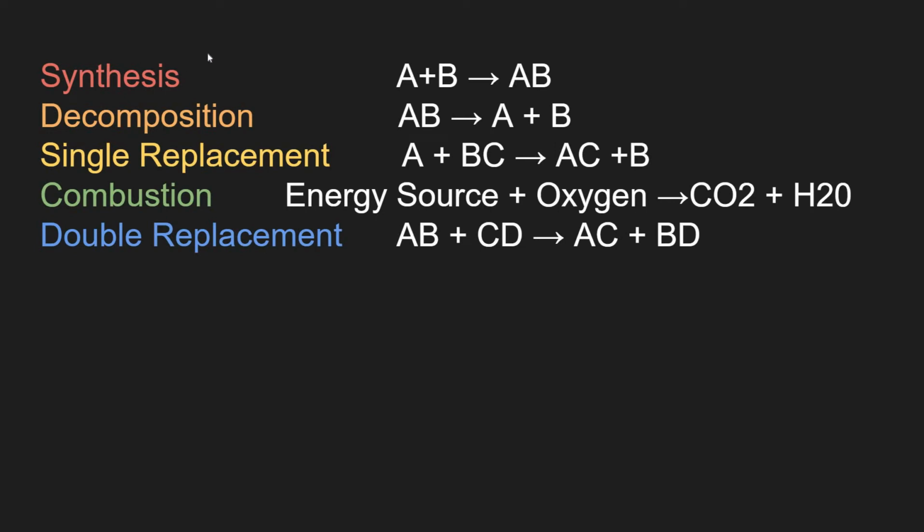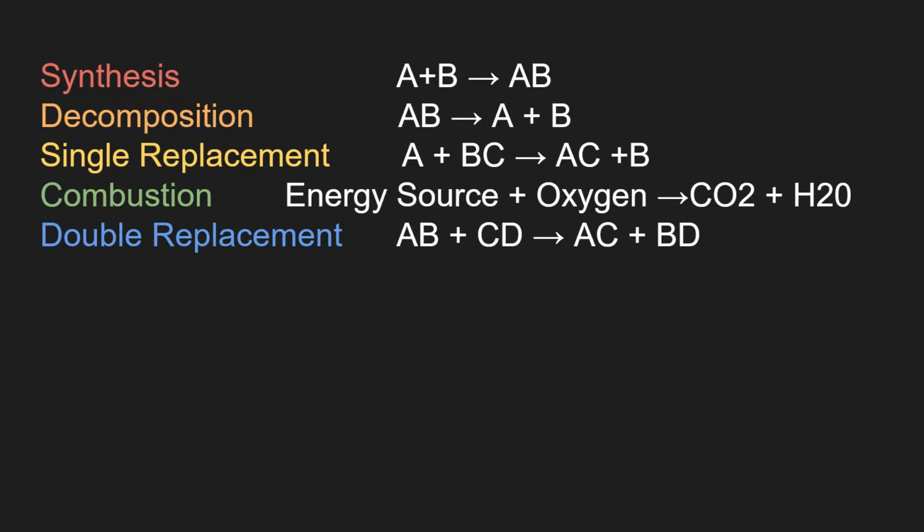So, first one that we have is synthesis. This is where an element and an element make a compound, or an element and a polyatomic ion make a compound. Decomposition is the exact opposite of synthesis. I feel like that's quite self-explainable. Just a compound into an element and an element, or an element and a polyatomic ion.